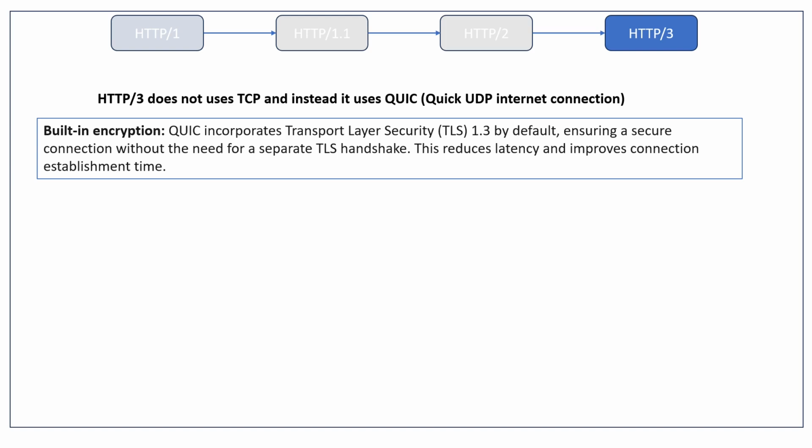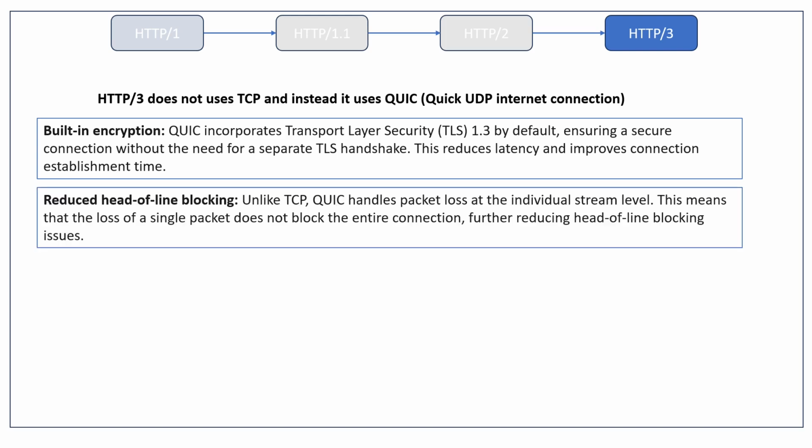It also reduces latency and improves the time to establish a connection, right? So the main thing is that HTTP3 is using the QUIC protocol, and there is built-in encryption, so there is no separate handshake happening for the encryption step.